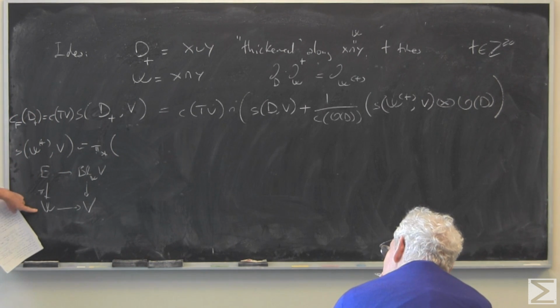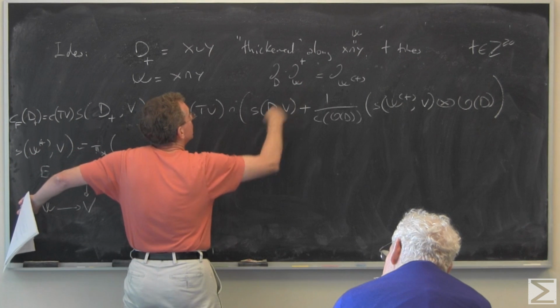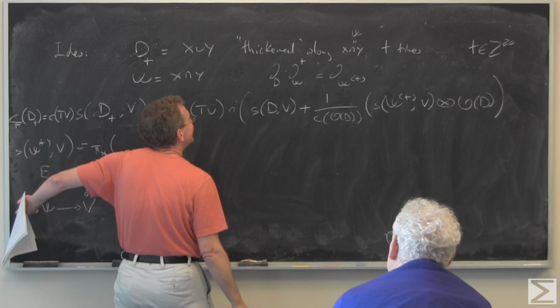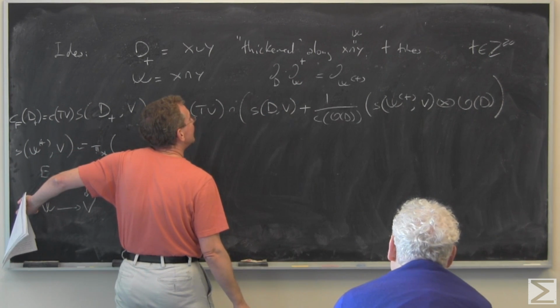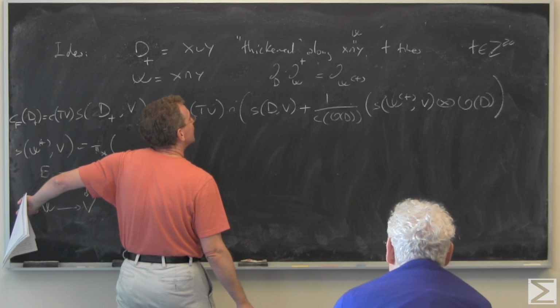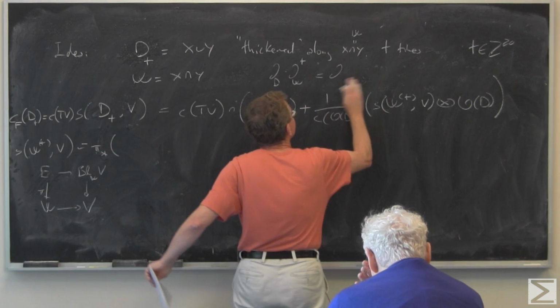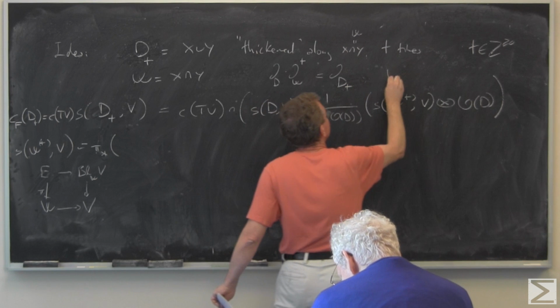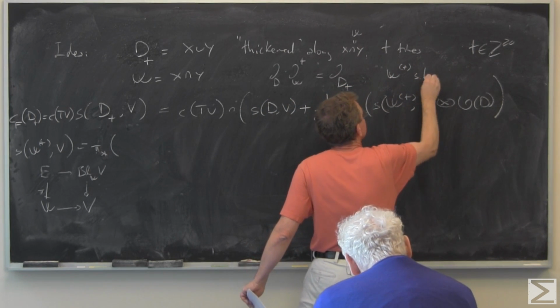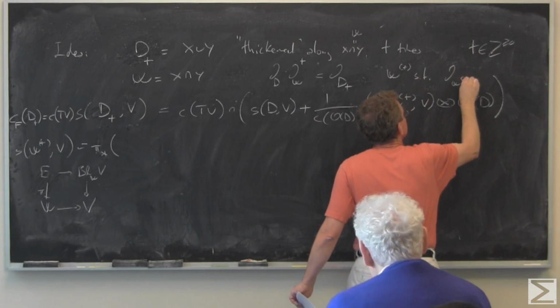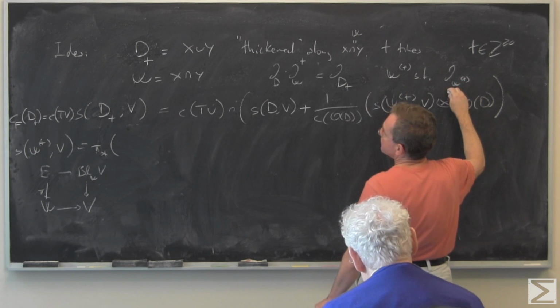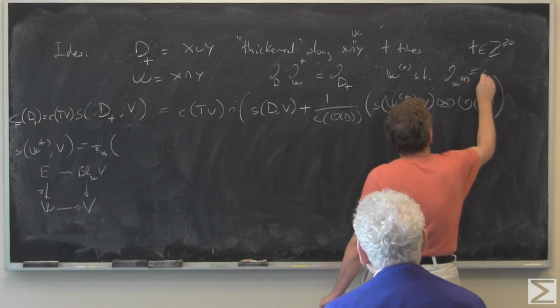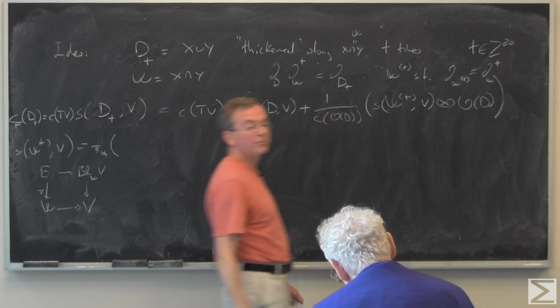If you paid attention, you know that the, oh my goodness, this is not good. My notations are not working very well. I apologize profusely. WT is the ideal of WT. Is the ideal of W. Sorry about that.